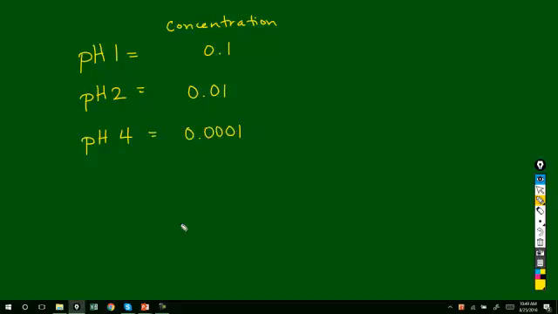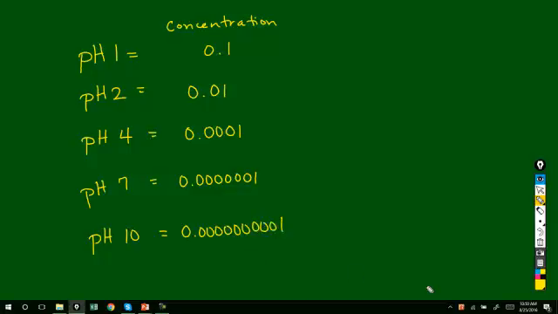The number of decimal spaces is that number. If you have a pH of 7, that would be 0.1, 2, 3, 4, 5, 6, 7. If you have a pH of 10, okay? And so that's what it means that this is in a negative log scale. It means your small numbers are a high concentration and large numbers give you a low concentration.